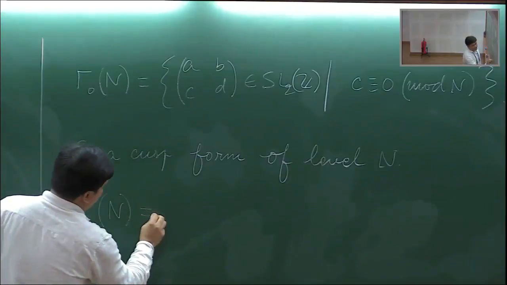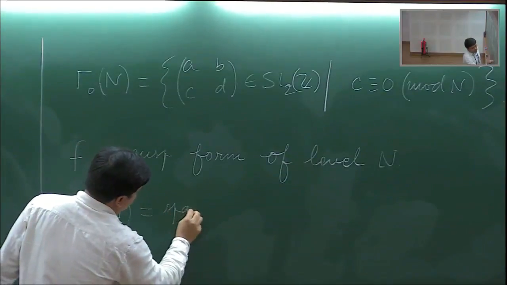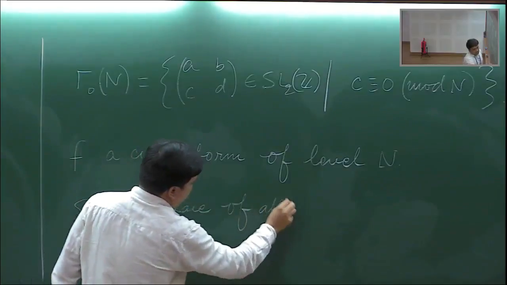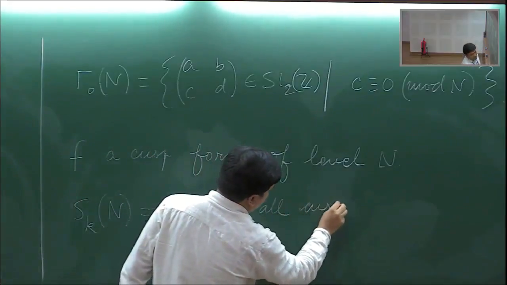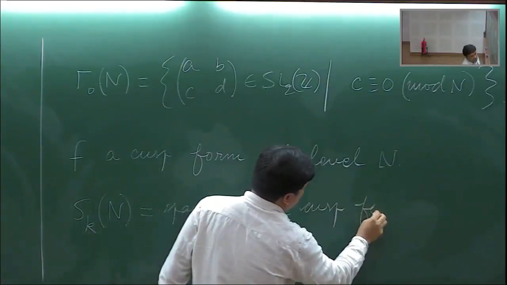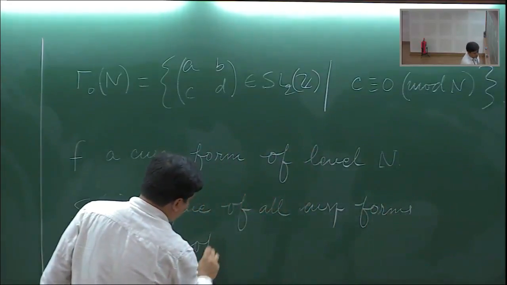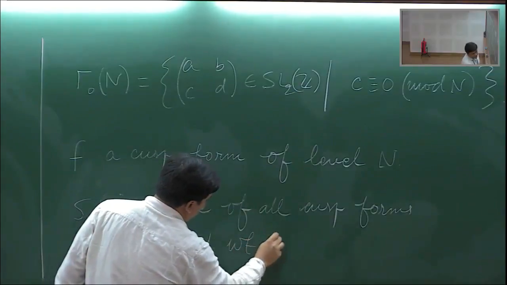This will be the space of all cusp forms of weight k and level n.